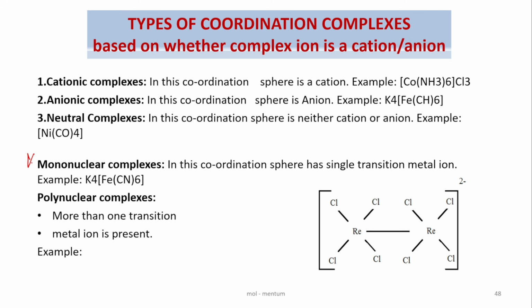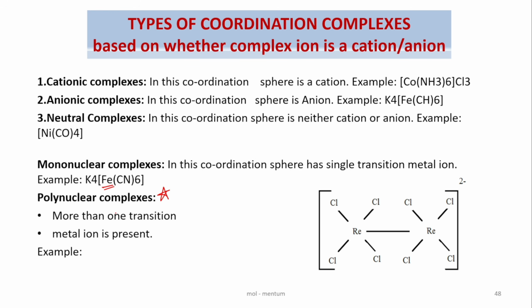We have only mononuclear complexes in our syllabus. Polynuclear is not in our syllabus. Mono means one, nuclear means nucleus, and nucleus means central atom. So coordination complexes in which only one central metal is present are called mononuclear, like we have here.